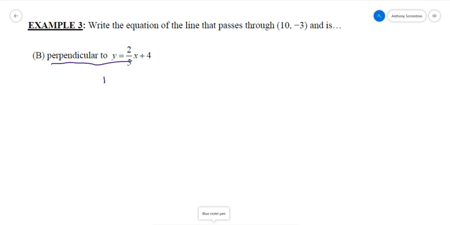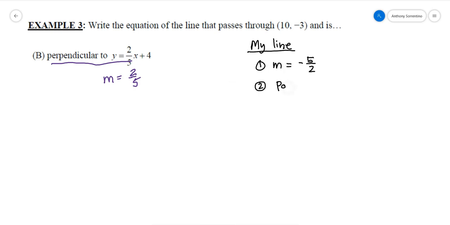So again, knowing this one's slope to be 2/5, when I now look at my line, its slope is going to be -5/2, so that makes it an opposite reciprocal, and it has a point at that 10, -3 again.